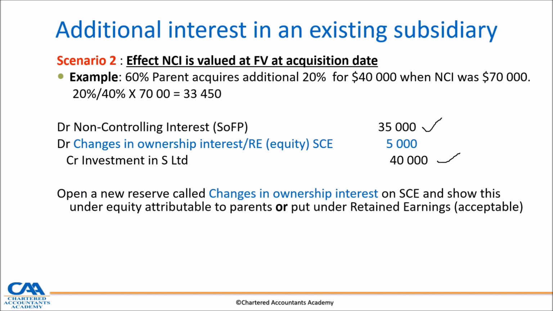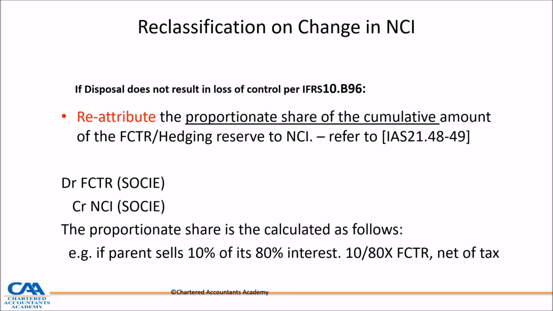We compare with the investment, the difference, as you can see. It's very important to know that this change here is the percentage change in net assets plus goodwill. Very, very important to note that. That's the goodwill.